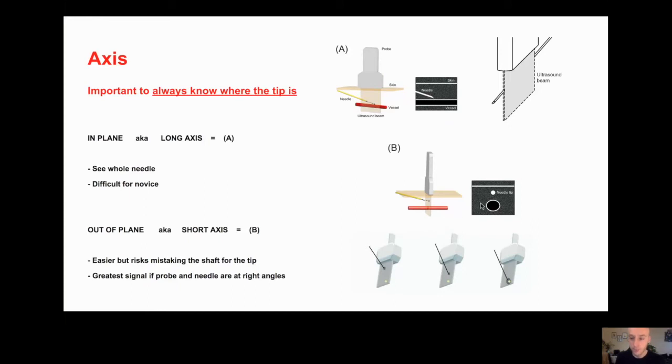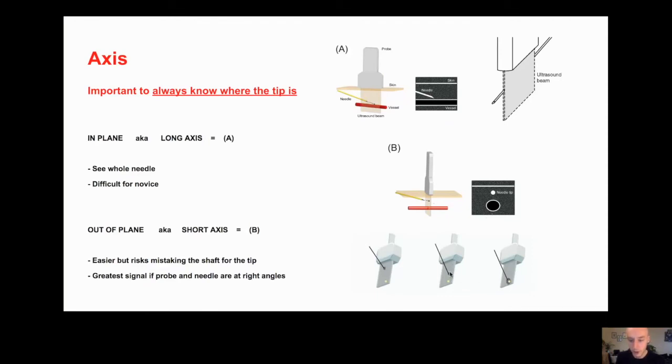Out of plane transects the vein, and all you'll see is the lumen, and you also transect your needle. So this is easier. However, it comes with the risk of mistaking the dot that you're seeing for the tip when it is in fact the shaft. If you look at the bottom image here, on the right, this is the needle tip and it appears as a dot.